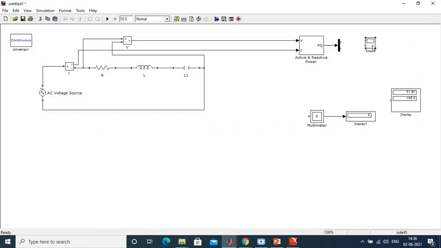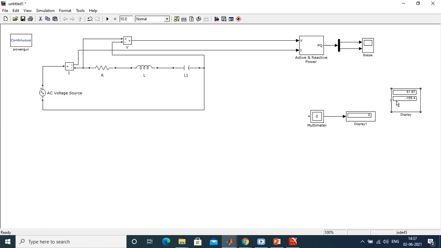Okay, now two inputs we got. Clear? Okay, now P and Q is available here.